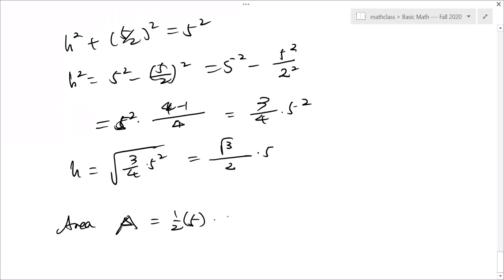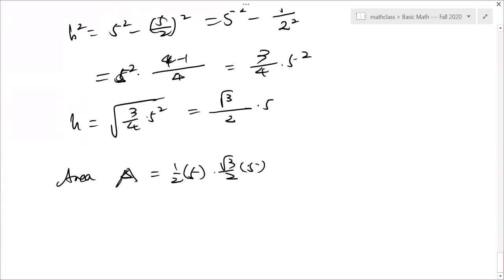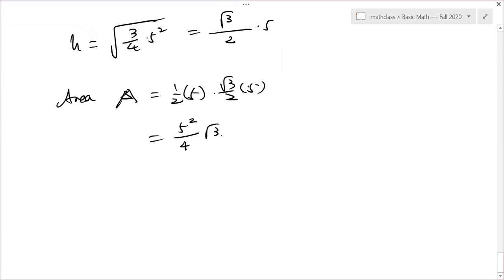Base is 5, and the height, so I get 25/4 times the square root of 3. All you have to do is find the height. And for isosceles triangles, you can use the Pythagorean theorem to find the height.